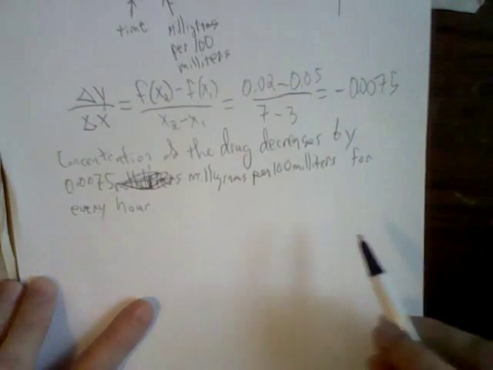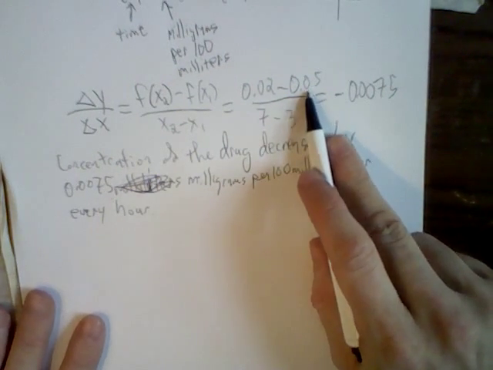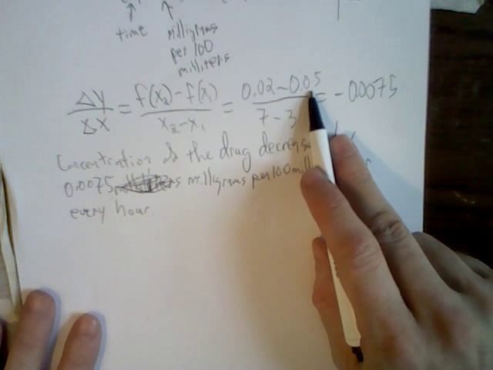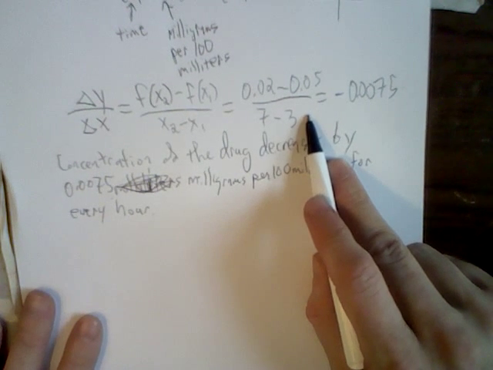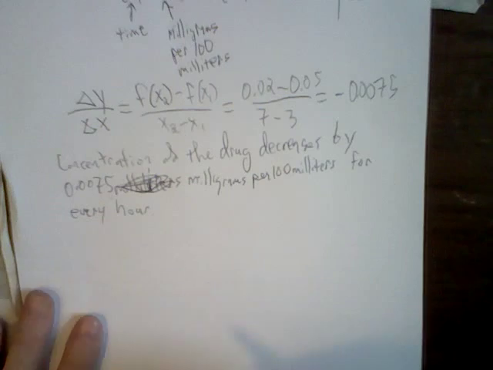So again, you want to think of embedding the units in the numerator and denominator. The numerator represents milligrams per 100 milliliters, and the denominator is representing hours. Okay, so there's that.